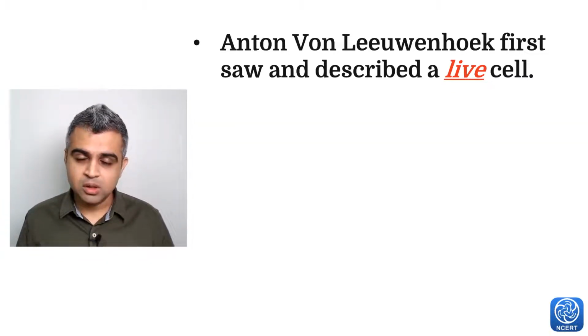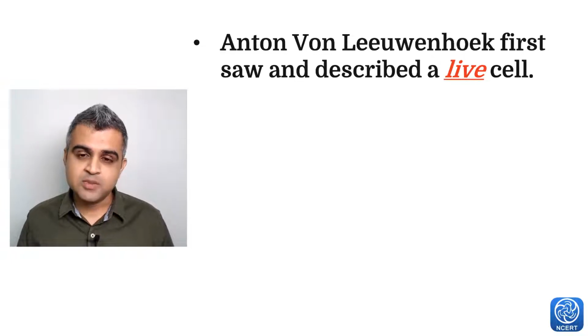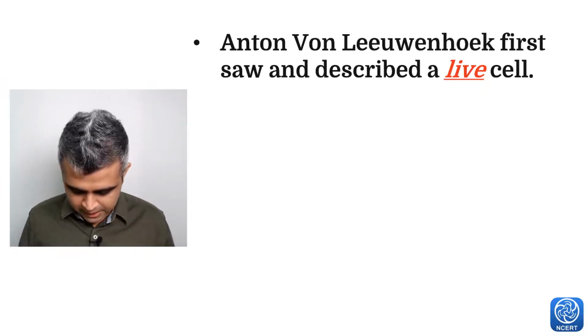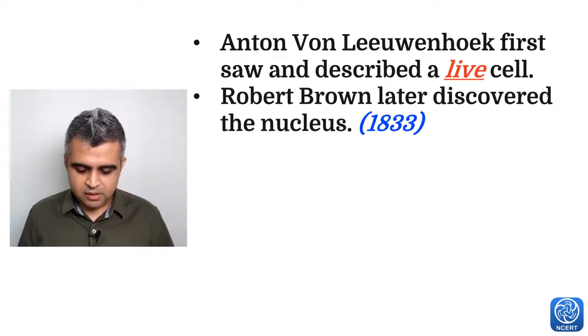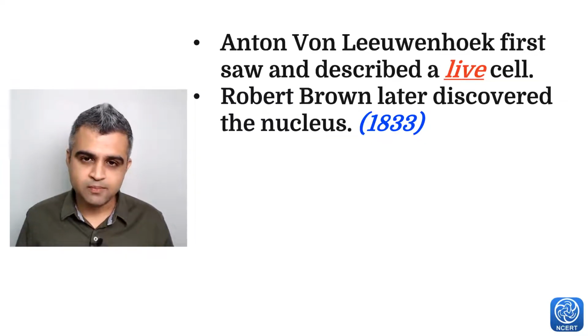So Robert Hooke can also be asked to you in NEET, even though it is not written in NCERT, because he is widely regarded as the person who first saw the cell or gave the term cell. But Anton van Leeuwenhoek was the first person to see living cells, and that is why his name is more pronounced in history. Then in 1833, you had Robert Brown, who discovered the nucleus.